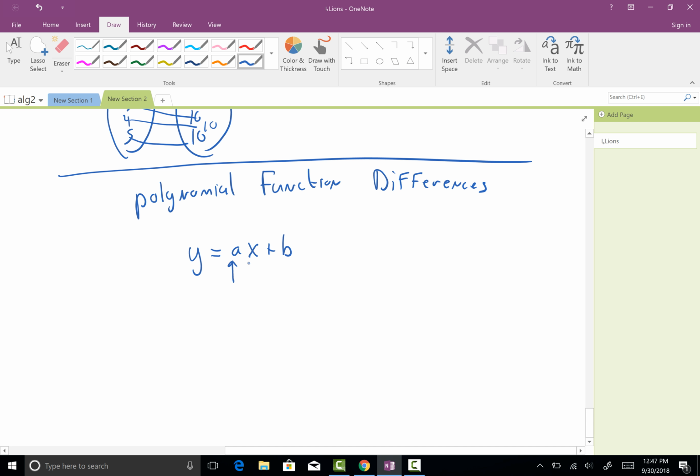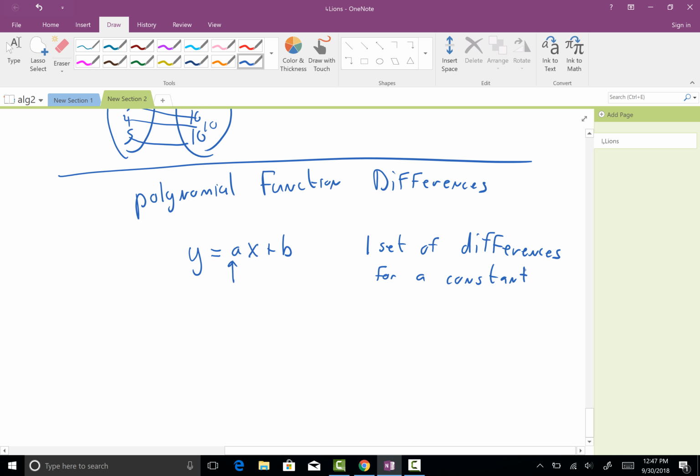All right. So when it was linear, you should have noticed it took one set of differences before it became constant. Right?